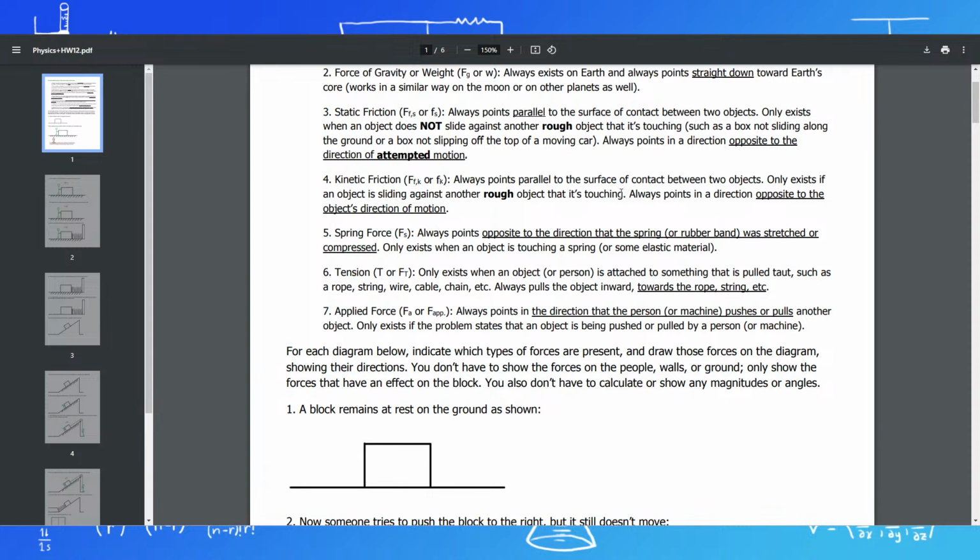Always points parallel to the surface of contact between two objects, just like the static friction. Only exists if an object is sliding against another rough object that it's touching. Always points in a direction opposite to the object's direction of motion. And again, I would add the word relative in there. Opposite to the object's direction of relative motion, but we will talk about that in the future.